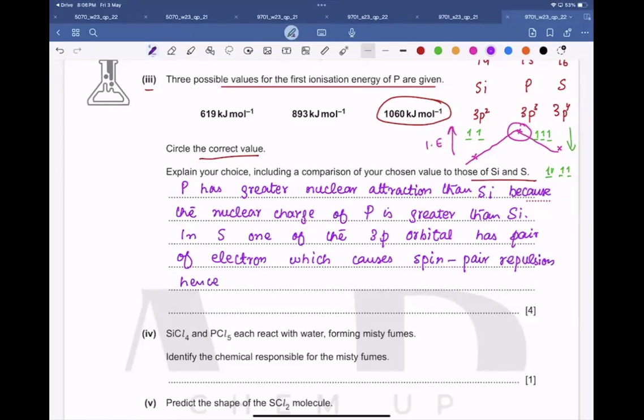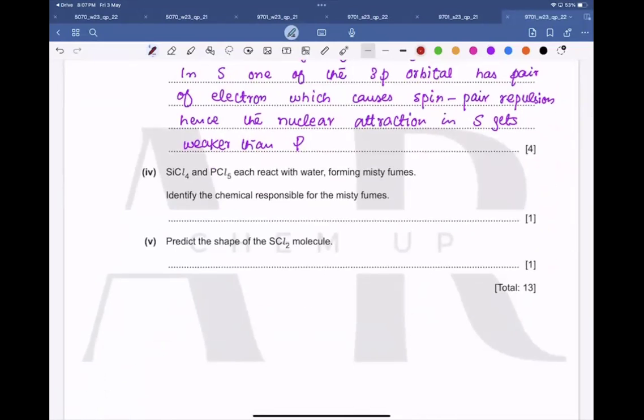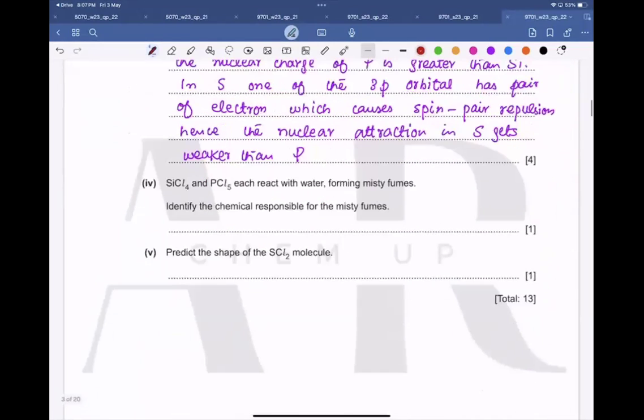Hence, the nuclear attraction in sulfur gets weaker than phosphorus. Is this understandable to all of you? Okay. If any one of you has any confusion, you can ask.